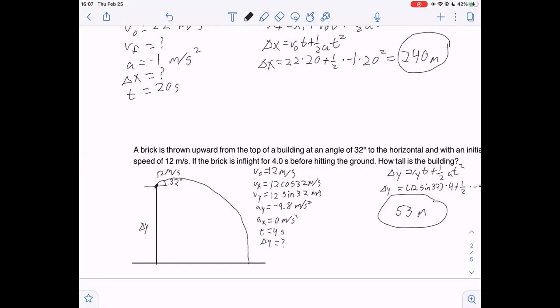Obviously, a building can't be negative 53 meters below the ground and have something falling off the top of it. Yeah, that makes sense. Thank you. I guess technically it could, but that's kind of even more complicated than anything else. Any other questions?